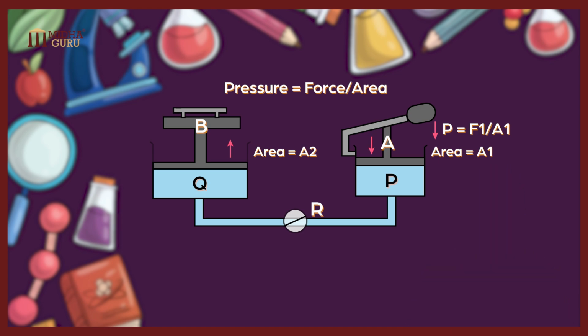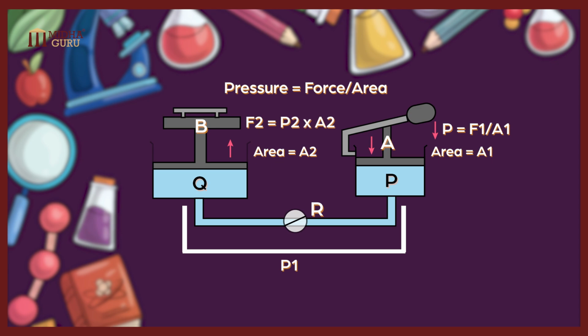The pressure exerted on piston A is transmitted through the liquid to piston B, which is equal to P1, as said in Pascal's law. Now if the upward force exerted on piston B is F2, then F2 is P2 times A2. Therefore, we can conclude that F1 by A1 is equal to F2 by A2.